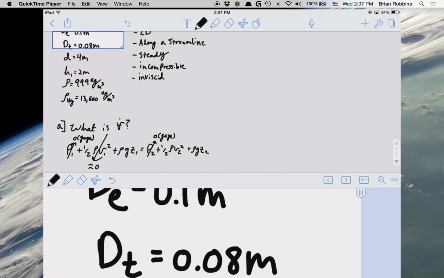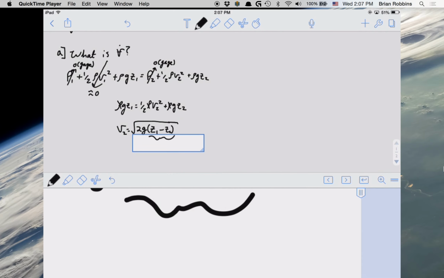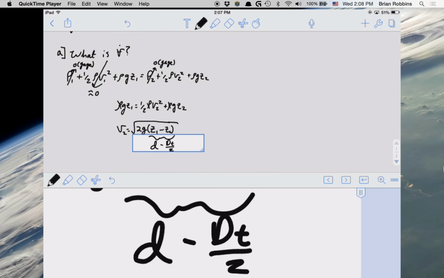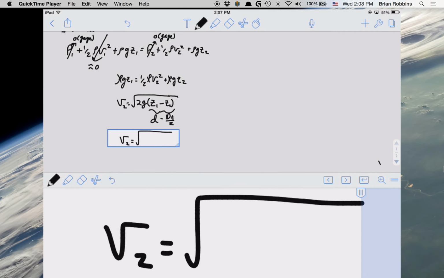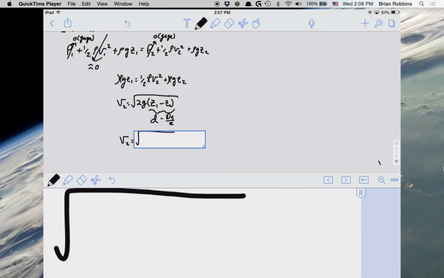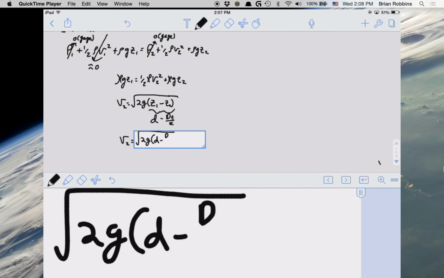So we know that our z1 minus z2 is going to be d minus dt divided by 2. So what we end up getting is that v2 is equal to the square root of 2 times gravity times d minus dt divided by 2.